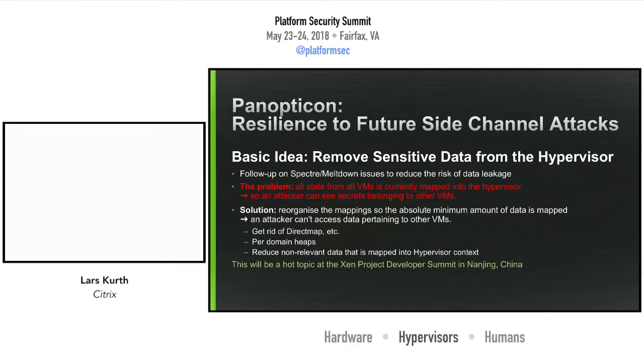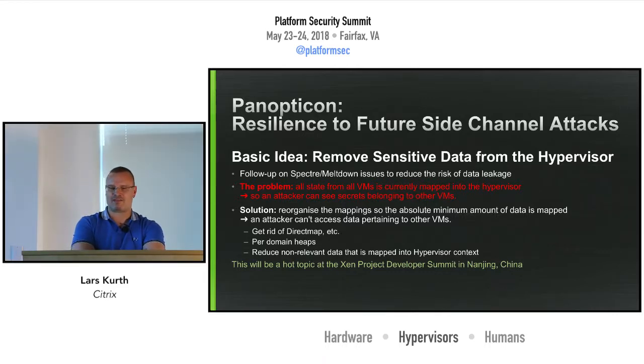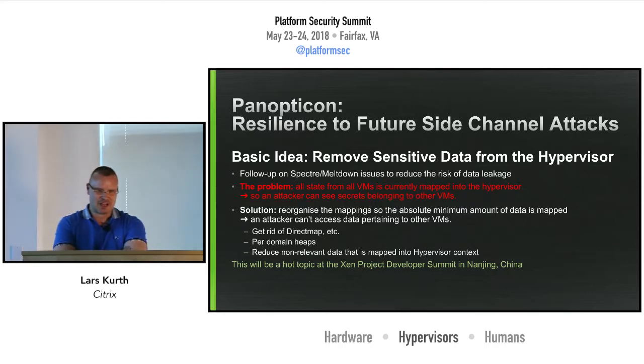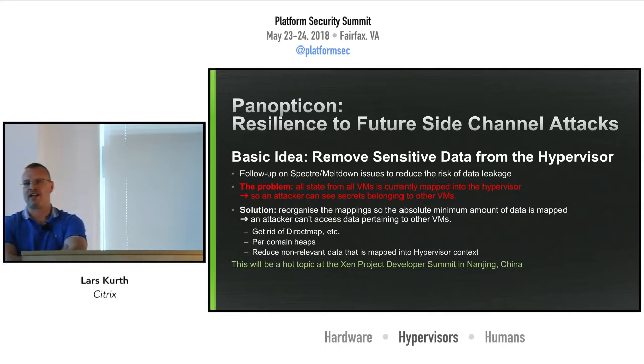The key problem today is that when Xen was designed, there were no side channel attacks. So there's a lot of state mapped into the hypervisor today which doesn't really need to be there, right? So the solution really is to take stuff out, remove state from the hypervisor, and only map it in when it's really needed.